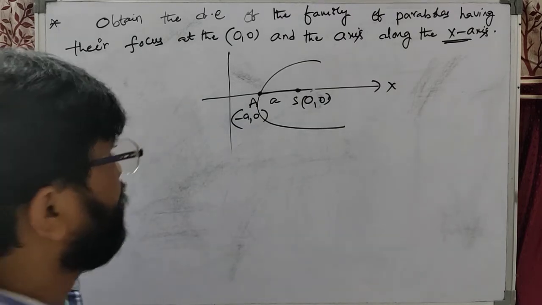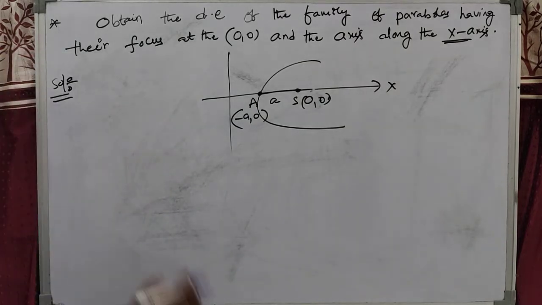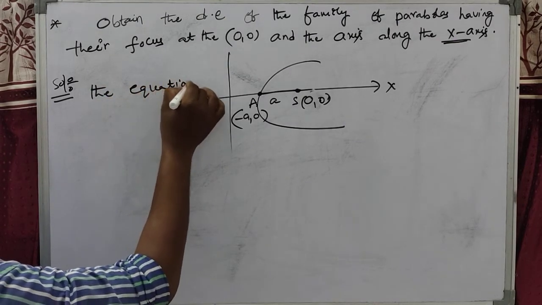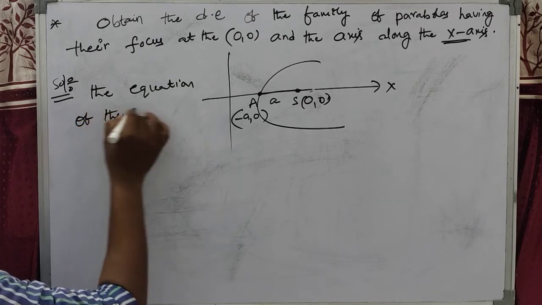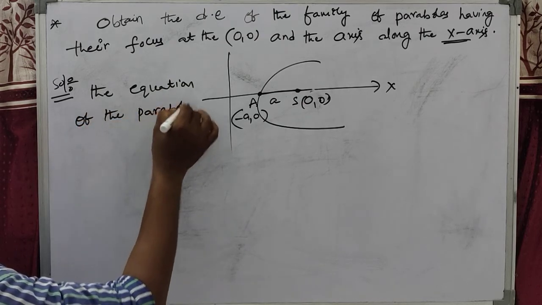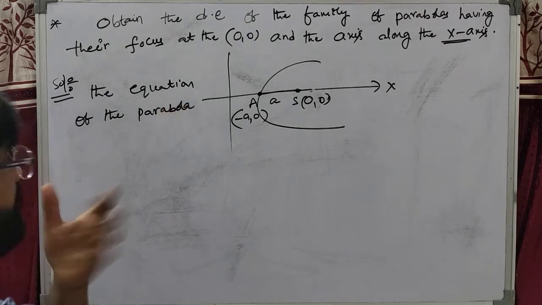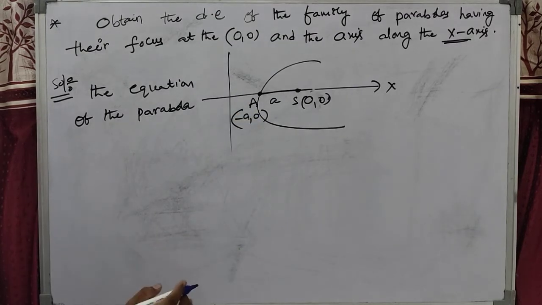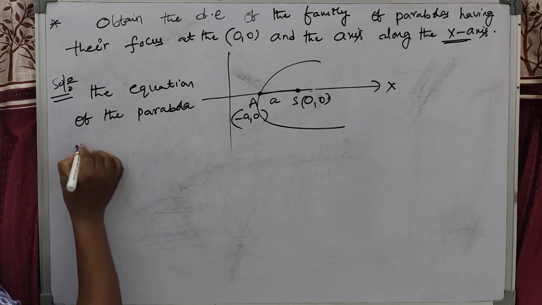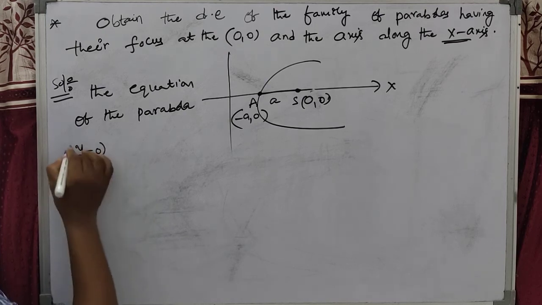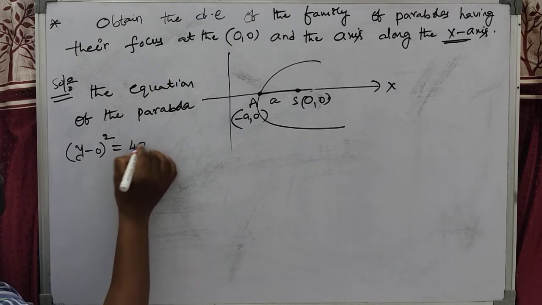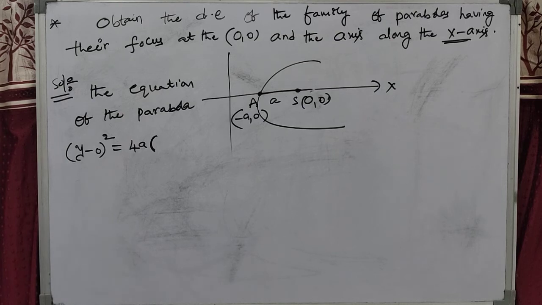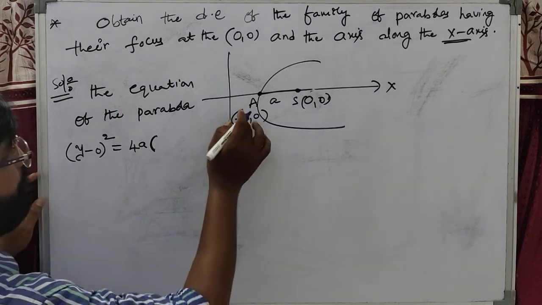Now the equation of the parabola whose axis is x-axis and the vertex is minus a comma 0. Now we can write it as y minus k whole square equals 4a into x minus a.